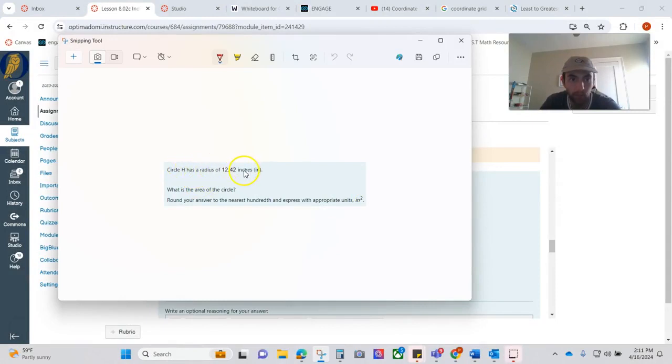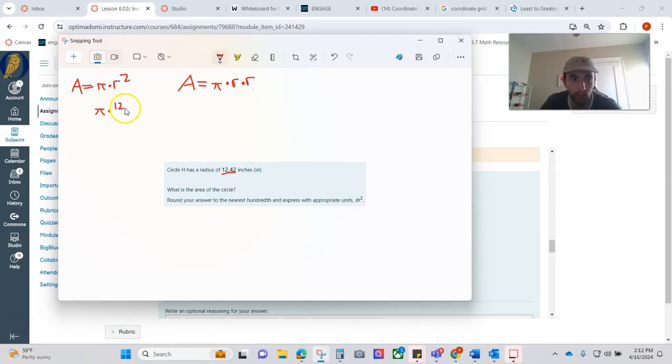Question 5. A circle has a radius of 12.42 inches. What's the area? The area formula for a circle is area equals pi times radius squared. Or, if we write this formula in a more expanded way, area equals pi times radius times radius. This question tells us the radius is 12.42, so let's plug that into our formula.